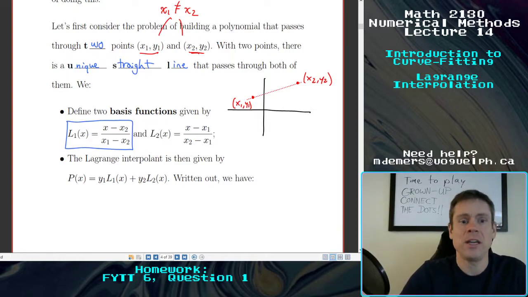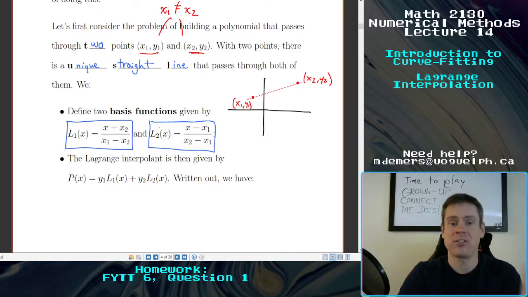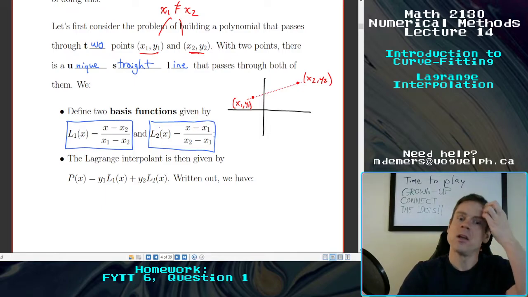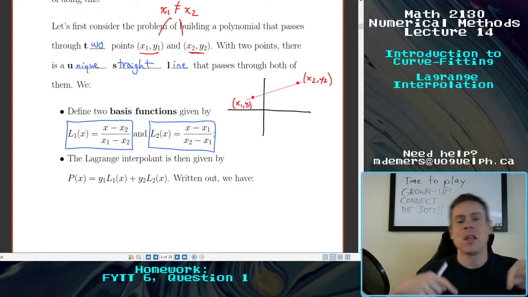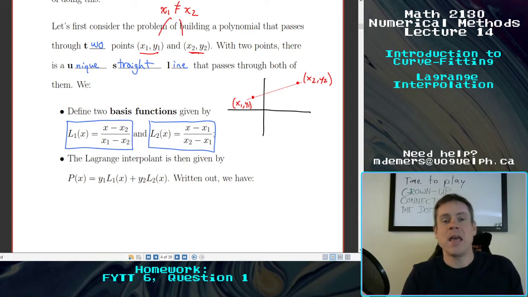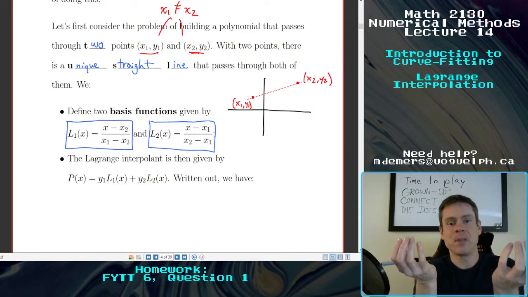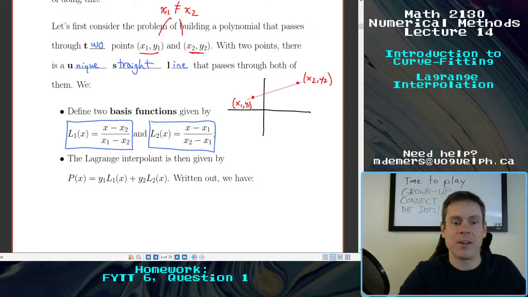L2 is going to be the same thing, but I'm going to swap things around. I'm going to take x, subtract x1, and then on the bottom I'm going to put x2 minus x1. The Lagrange interpolant is then a combination of the two: it takes both of them, multiplies each by its own y value, and adds them together.